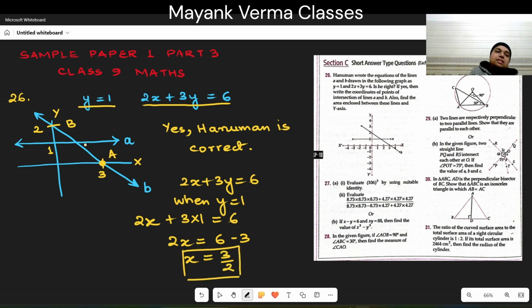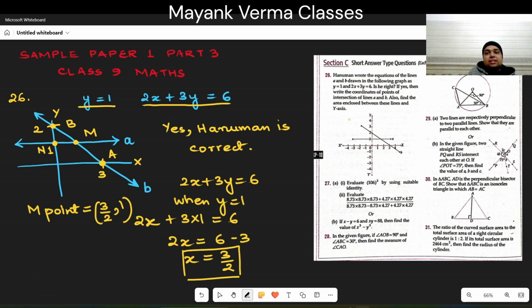Let's say this point is M, and this point is N, and this is B. So point M will be 3 by 2 comma 1. This will be the intersection point.